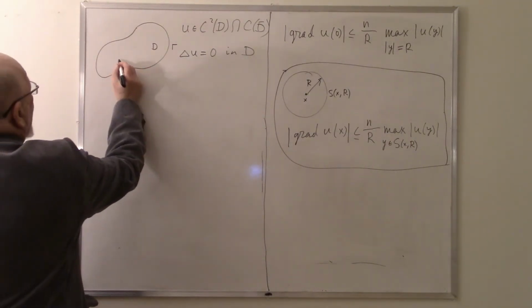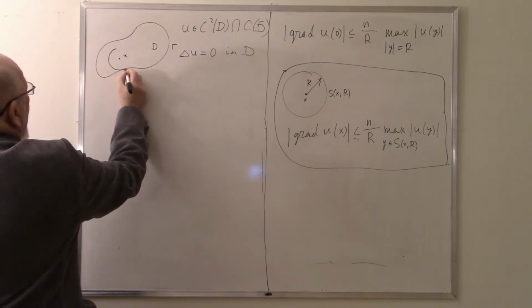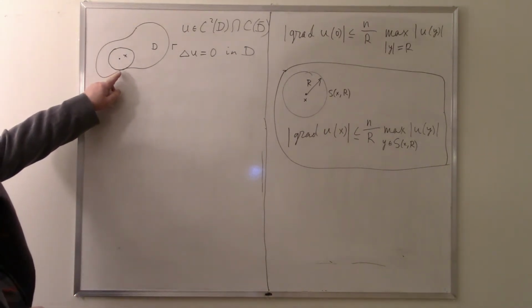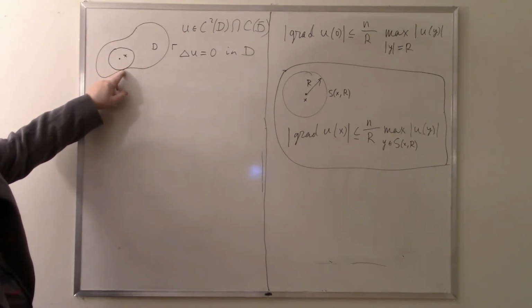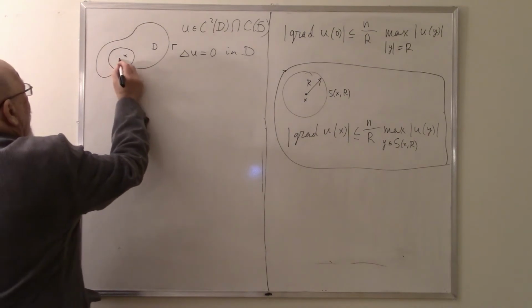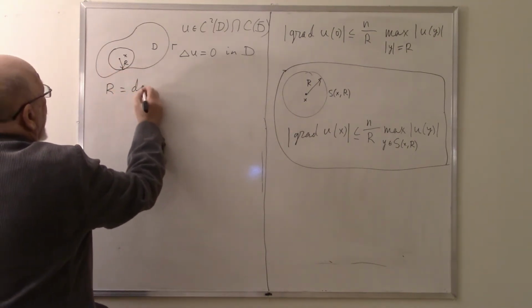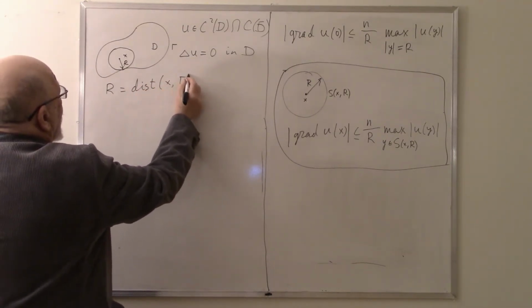Then let us take any point x and consider the maximal ball such that it is inside domain D. Maybe it touches the boundary of D at some point or points. So its radius r equals the distance between x and gamma.